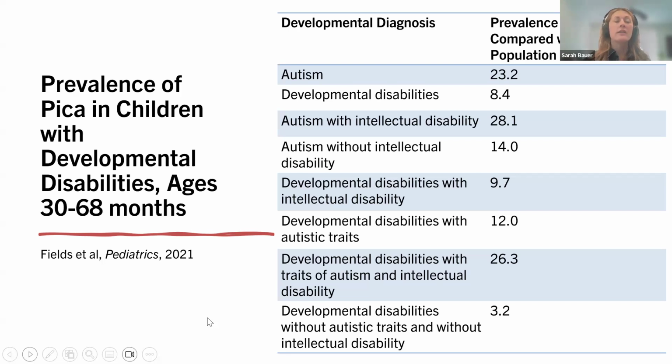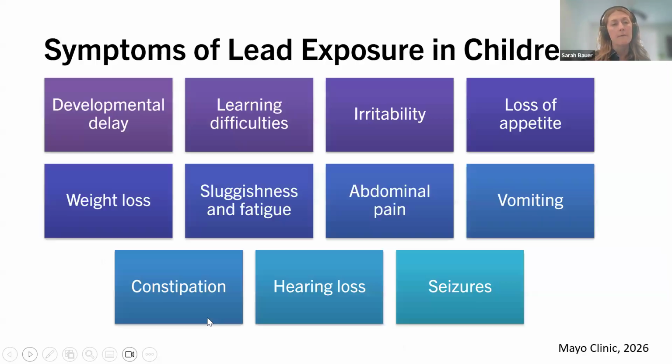So the take home from this that I want you to consider is that when you're seeing kids with developmental delays and disabilities, they're at higher risk of pica behavior. They are also at higher risk, therefore, of lead exposure and toxicity. So when you think about what those look like, I want you to absorb this and put it on a shelf for a couple slides.